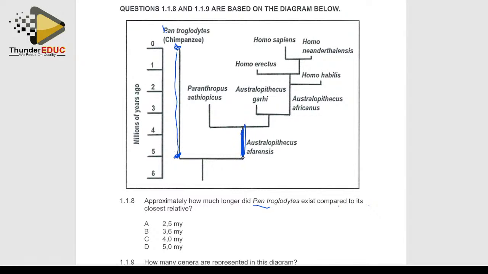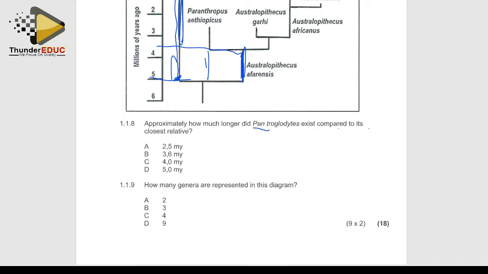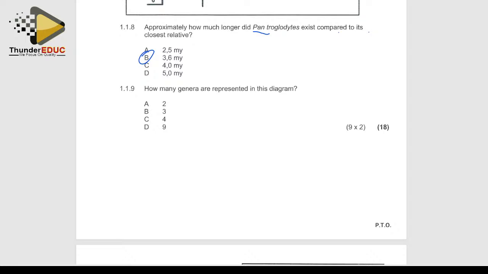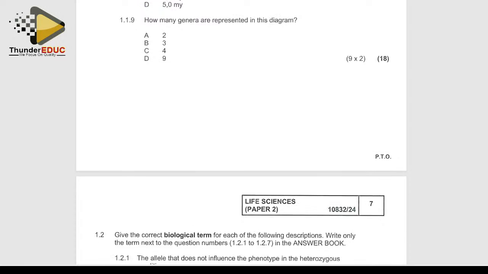So we have to subtract this from that, and then we are left with how much it existed from that point. Based on that, if you subtract, I saw that B was the most correct answer. But you need to use paper with a ruler, and then you measure properly.